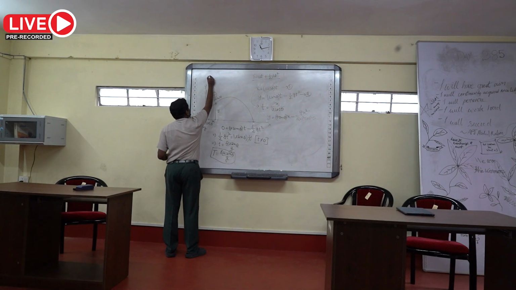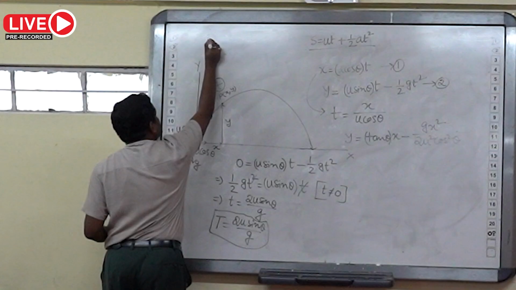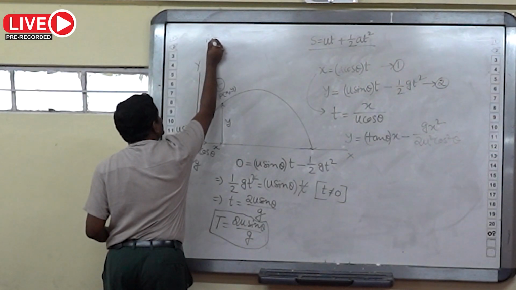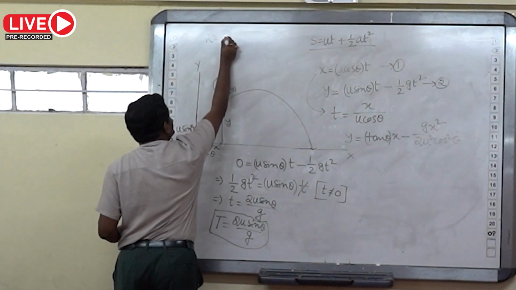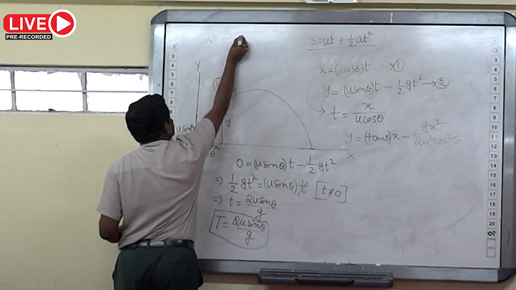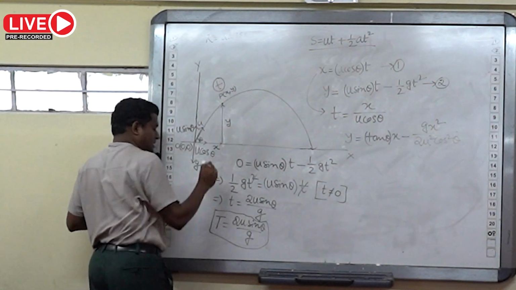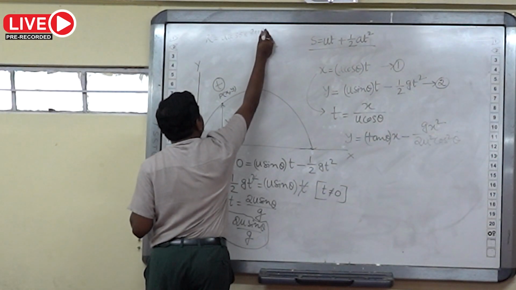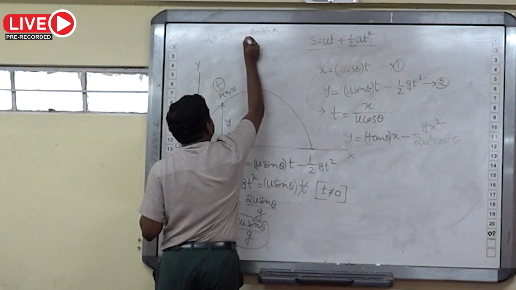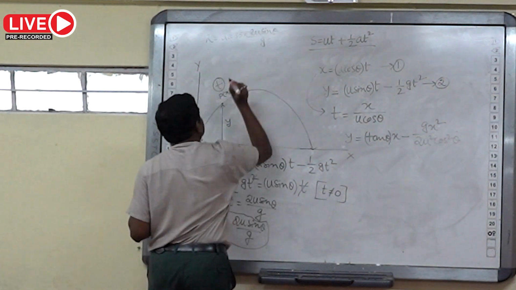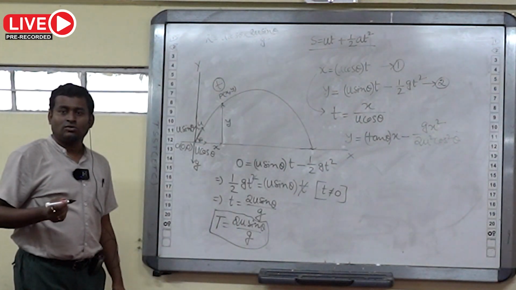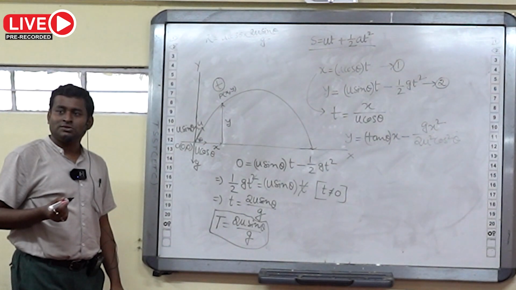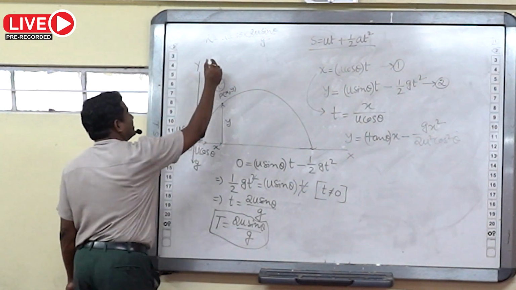So in place of x, now I will write capital R, that is the range. This will be u cos theta into the time of flight, that is 2u sin theta by g. What is coming?